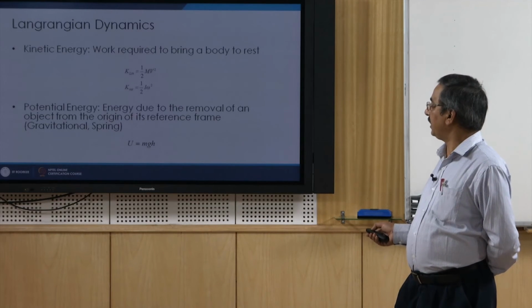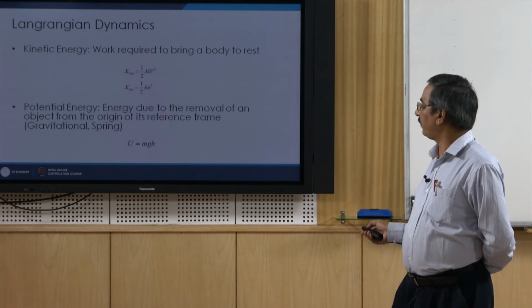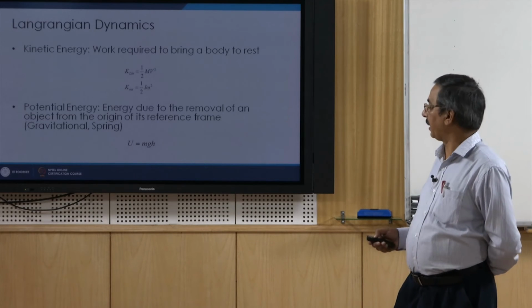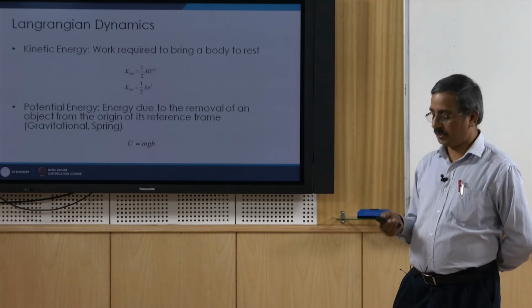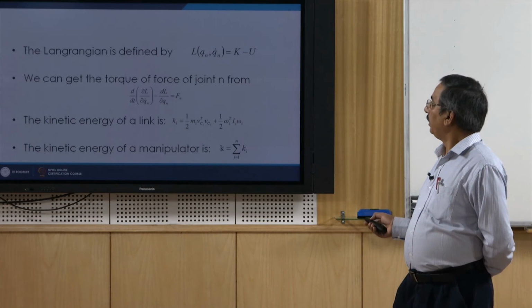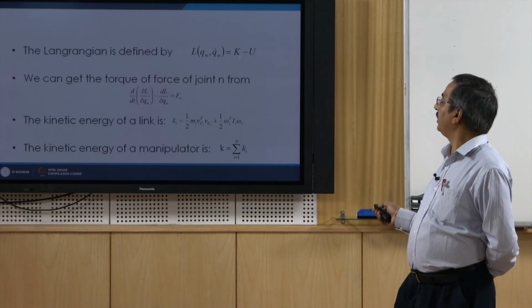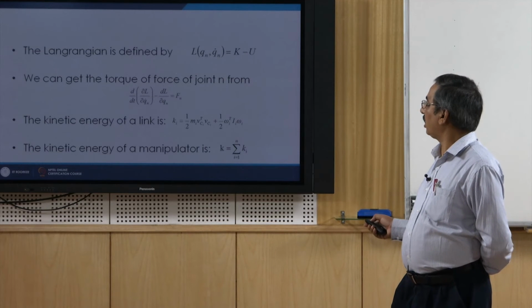The potential energy is the energy due to the removal of an object from the origin of its reference frame, say gravitational or spring. For gravitational, this potential energy is mgh. Now, the Lagrangian is defined by K minus U. So, L is K minus U.